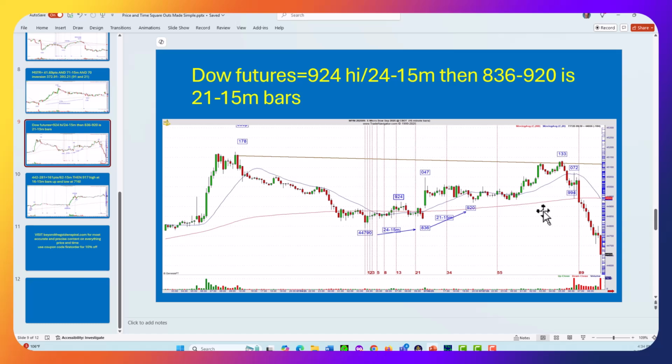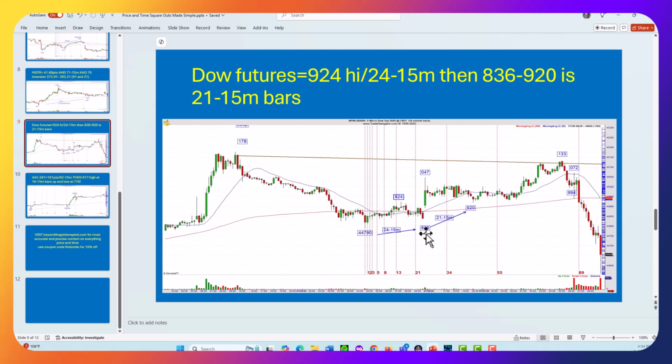In this case, we're building towards this secondary high here. And in this case, we have a little high of 924, and on a 15-minute, it's 24 bars. The high and the low match. It's another replication flip.